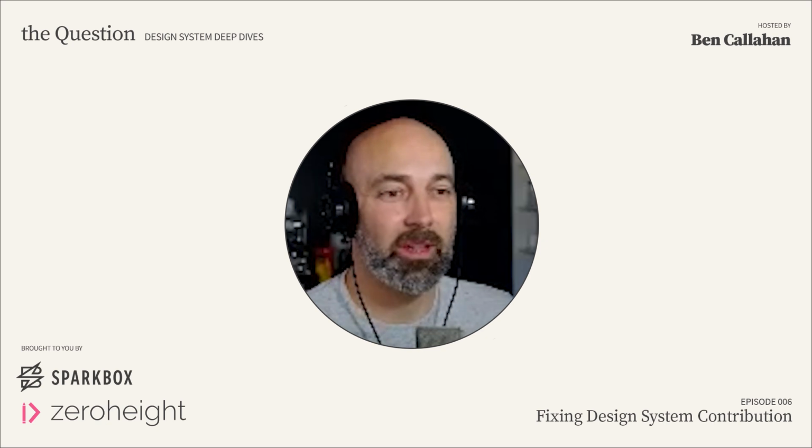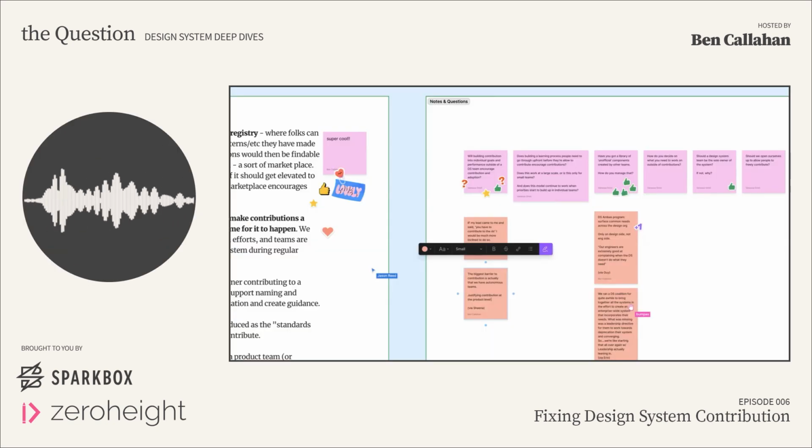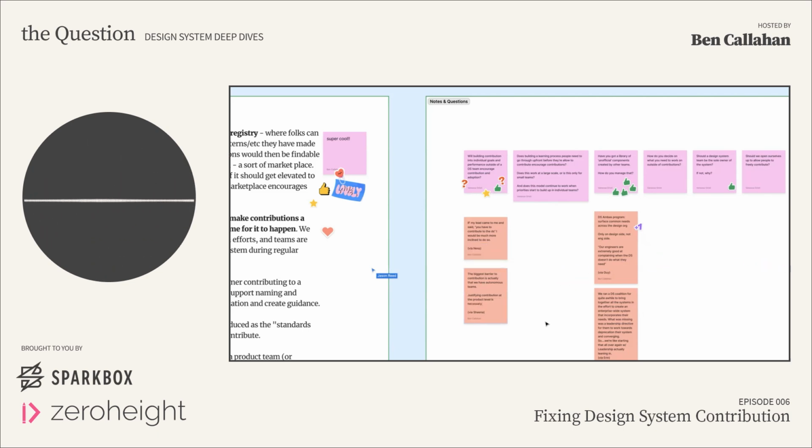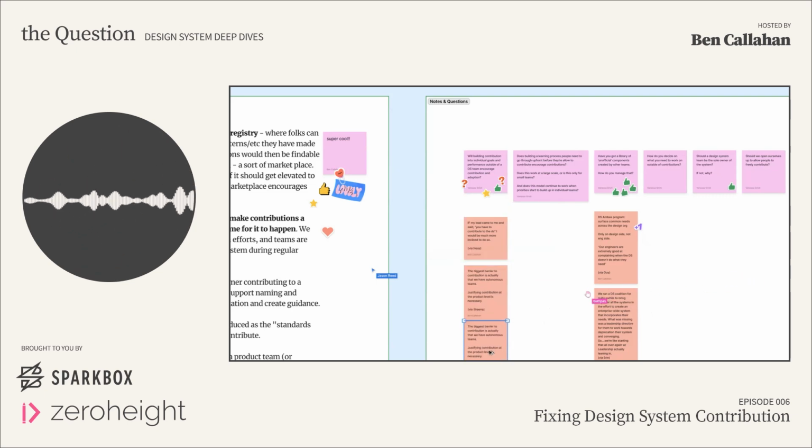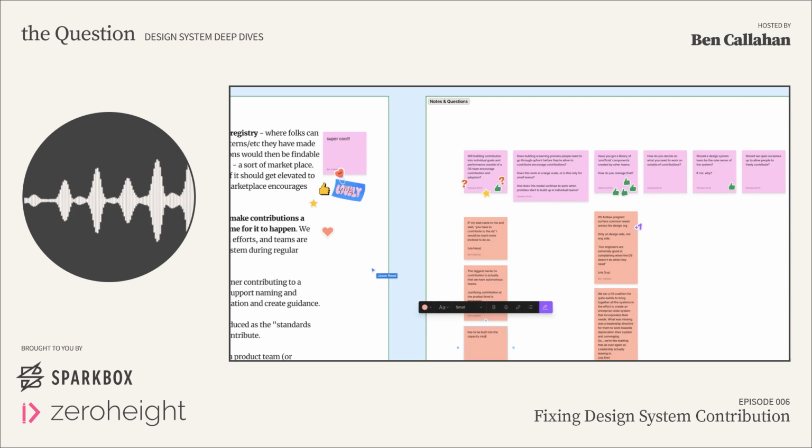So, Guy, what's on your mind? Continuing what Sheena just said, I think it has to be built into the capacity model of design. If we're going to incentivize designers to contribute more because it ties into performance, it increases their impact, however you want to position it, then we say each designer is going to dedicate 20% of their time to contributions.